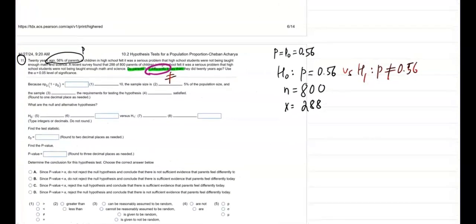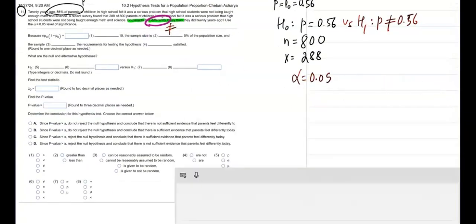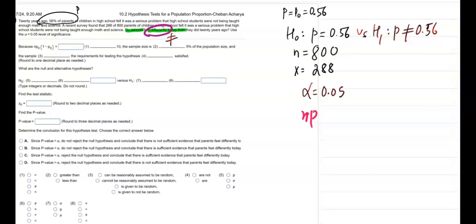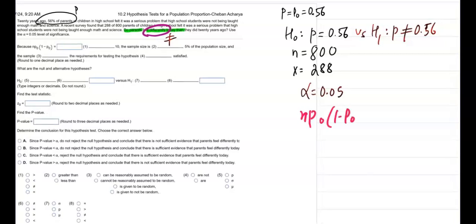So you have the information here. The level of significance is alpha equals 0.05. That's also given in the question. So let's test the hypothesis. First, you test the criteria: n times p0 times 1 minus p0. You put the value of n as 800, p0 is 0.56, and 1 minus 0.56.